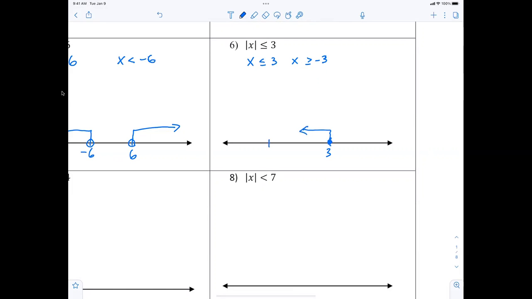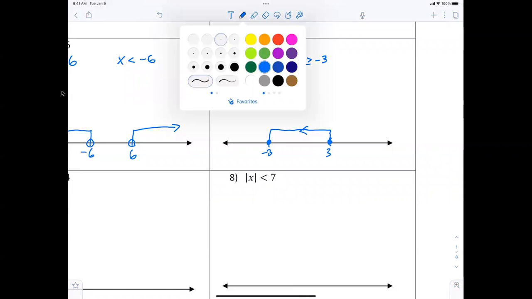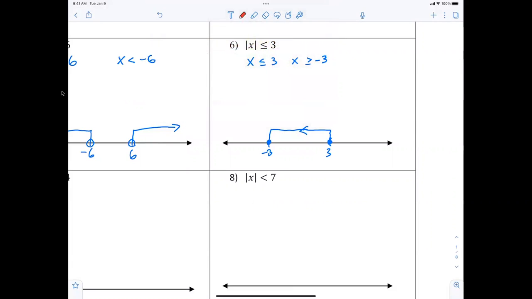Greater than or equal to -3, solid dot going to the right. So in this case, it would just be pretty much everything in between. All right, -3 and 3. Of course, it's a solid dot.